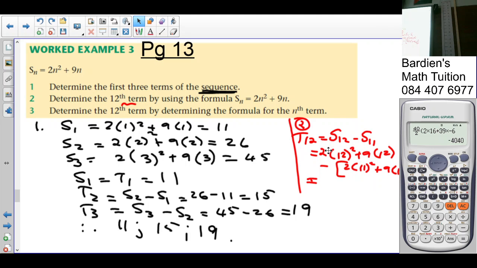Again, for T12, using the Sn formula, T12 is going to be S12 minus S11. What if they had asked you for T43, to work out term 43 using the formula? It's going to be S43 minus S42. Just one less.